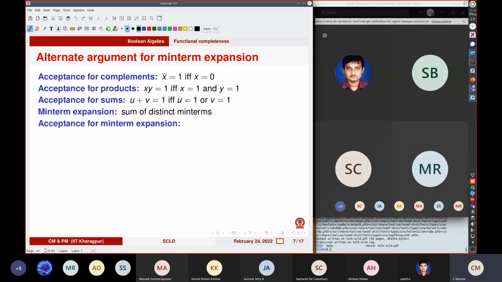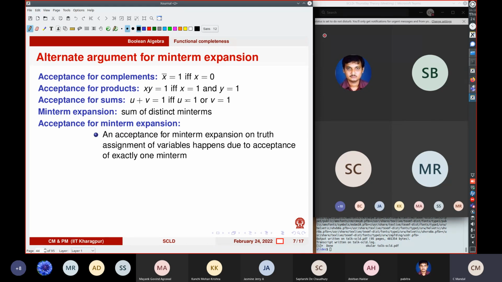If your function is defined on n variables, then a min term is a product with n distinct literals, that is, n literals derived from distinct variables.